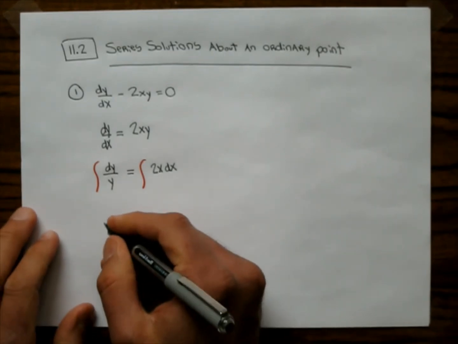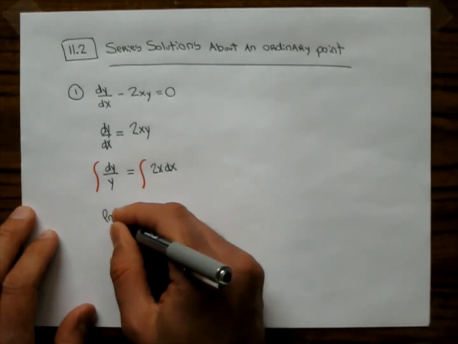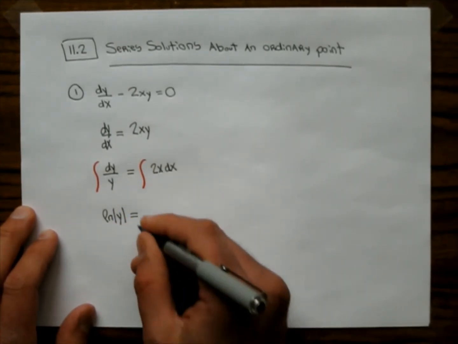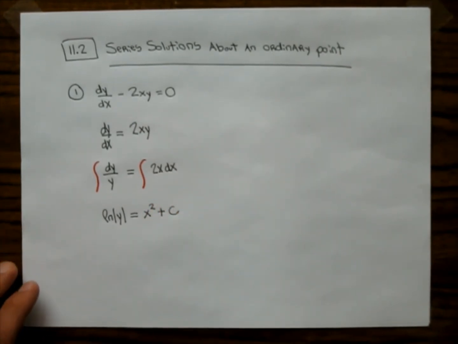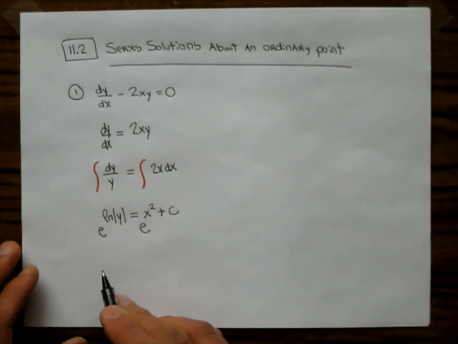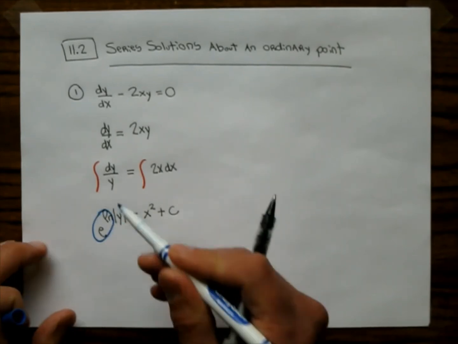On the left-hand side, I end up getting ln absolute value y. On the right-hand side, I end up getting x squared, and then here's the c. I'm going to exponentiate both sides, so e to that equals e to that. On the left-hand side, the ln goes pop.